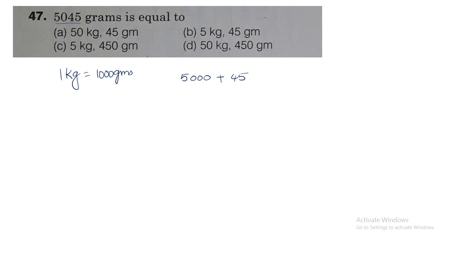This 5000 I can write as 5 into 1000 plus 45 grams. Now this 1000 grams I can write as kg, so this can be written as 5 kgs, and we are left with 45 grams. So 5 kgs 45 grams. So where is the answer? 5 kg 45 grams, option B is my answer.